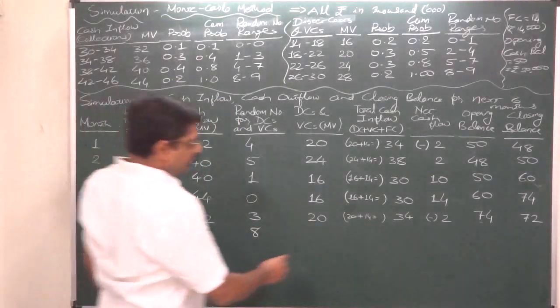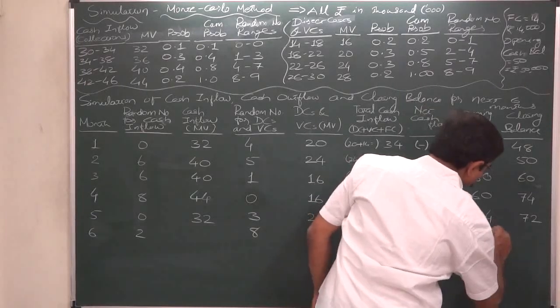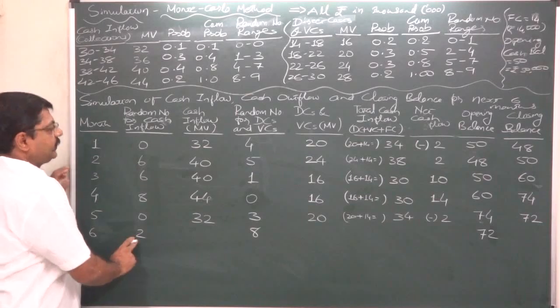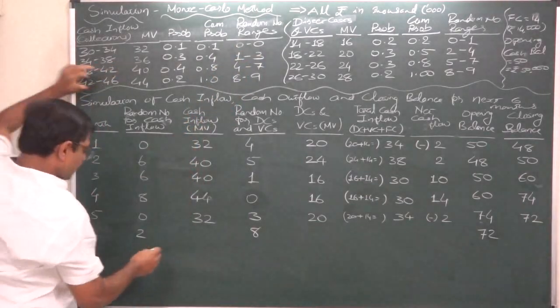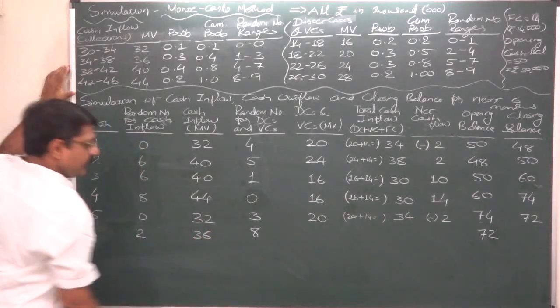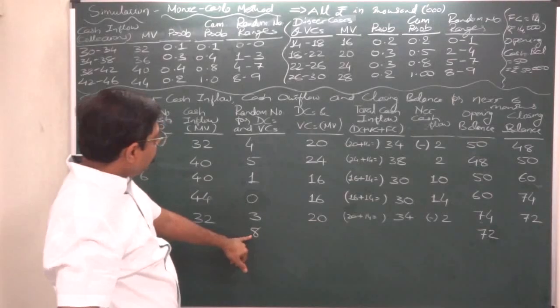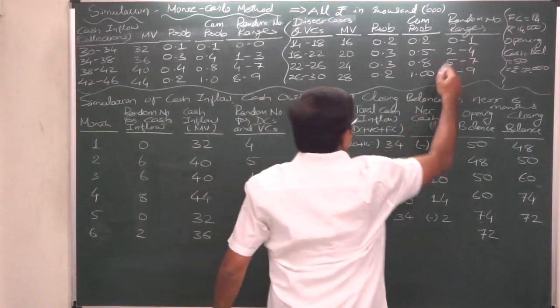And that will become the opening balance for the 6th month. For the 6th month, the random number for cash inflow is 2. That falls in the range 1 to 3. And that means 36,000 can be taken as cash inflow. Random number for direct and variable cost is 8. That falls in the last range 8 to 9.